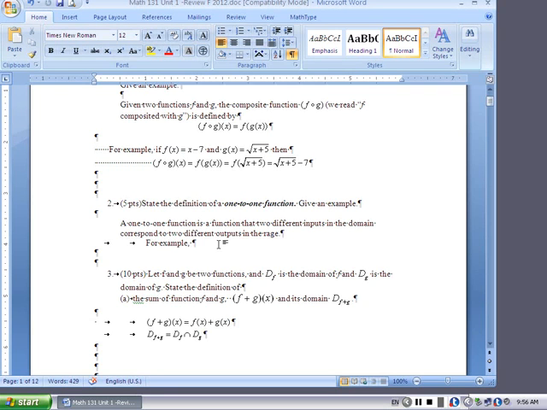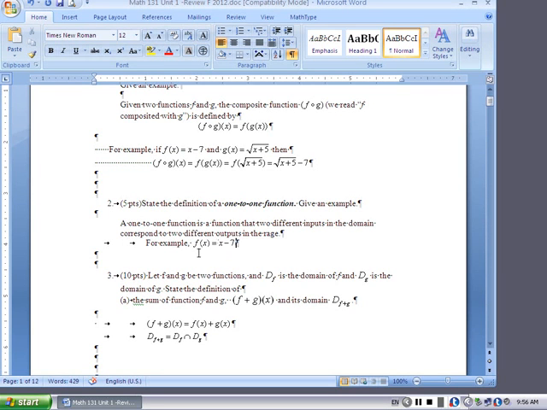Who would like to give me a very simple example? How about x minus 7? Is that a one-to-one function? Yes, because the graph is a line, and that is increasing. All increasing functions and all decreasing functions pass the horizontal line test, right?